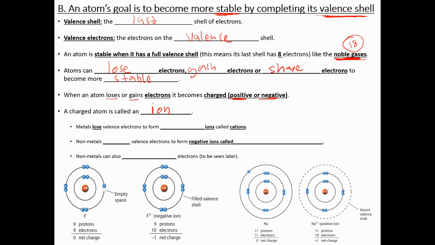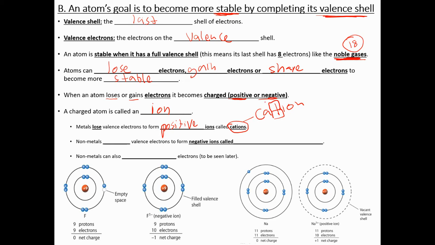Metals will generally lose valence electrons to form positive ions. Now, a positive ion has a special name. It's called a cation. So remember the trick here? The T in cation looks like a plus.